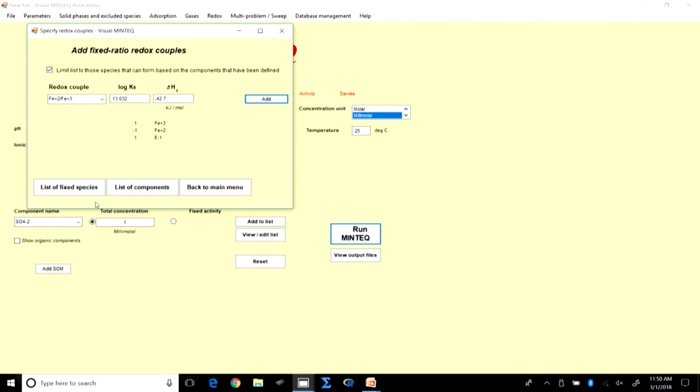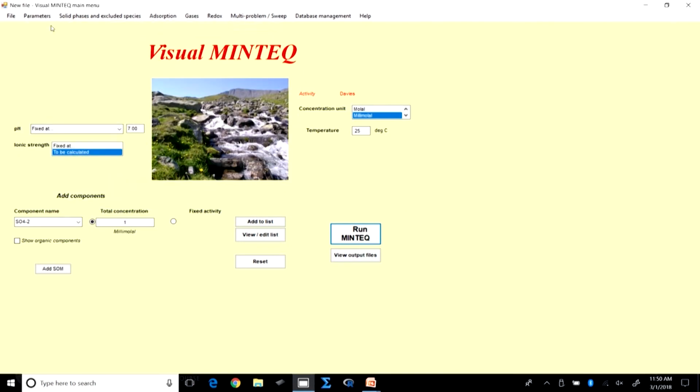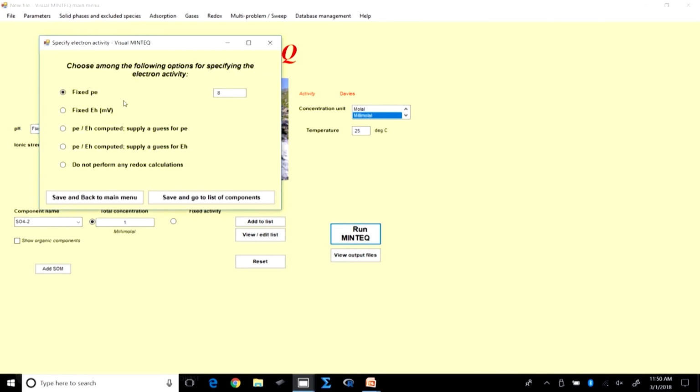Okay, we are going to do that. Back to main menu. Here, parameters and specify pE and Eh, and it's not fixed pE, since I'm trying to calculate the pE, and it's not fixed Eh. Again we'll come back to that. So pE or Eh computed by supplying a guess for pE. I'll give the guess as what it was earlier. I think it was around 13, so it should be lower.